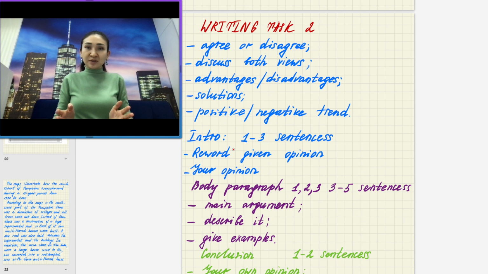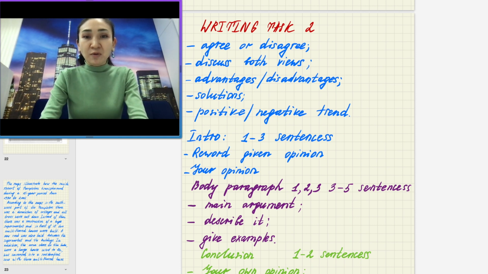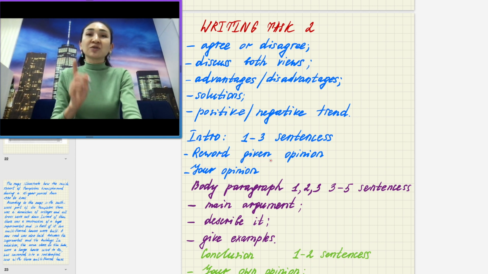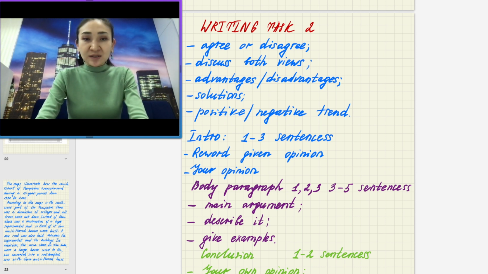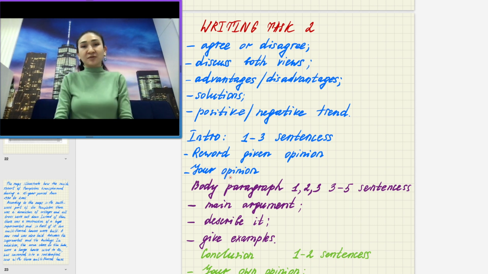In the first sentences, they're gonna say what kind of task it is, and your task is to reword the given opinion. It's not your opinion. You're just gonna reword what is given in your task. And the following is your opinion. So you have to write in your introduction part if you agree or disagree with that given opinion.